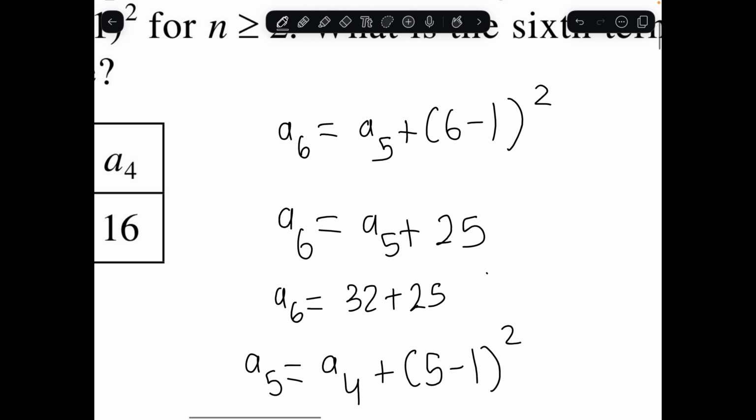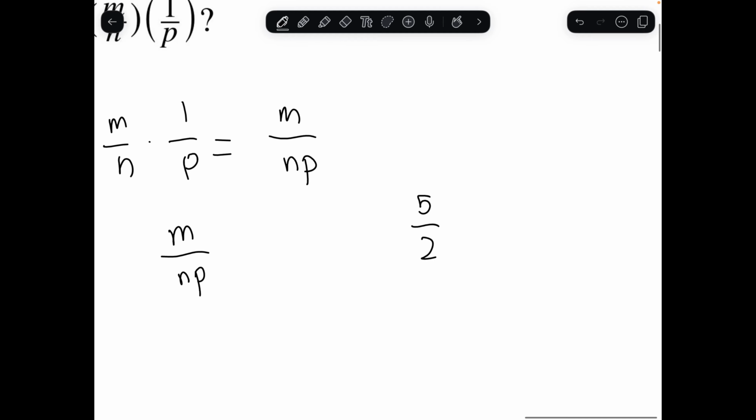Now remember, if you want to maximize the value of a fraction, you want to maximize the numerator and minimize the denominator. Why? Well, let's say you have 5 over 2. This is 2.5. But if I increase the numerator to 500 over 2, this becomes 250.